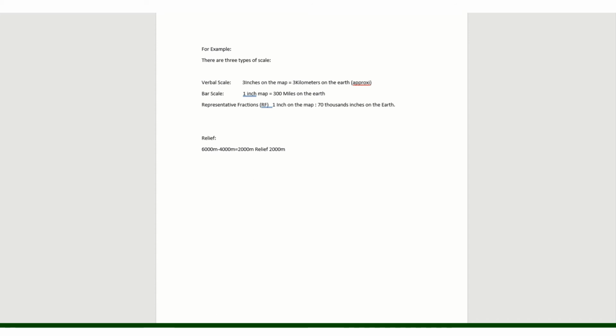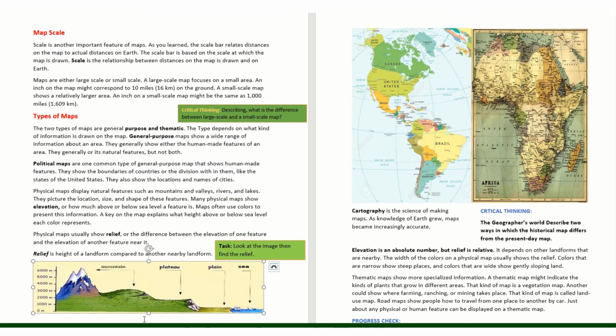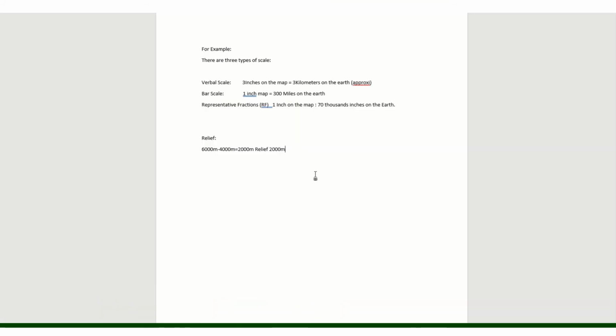Similarly, if you want to calculate between these two, you can see here that will be 2,000, and then this height is 4,000. So you can calculate similarly as you have calculated: 4,000 meters minus 2,000 equals 2,000 meters.